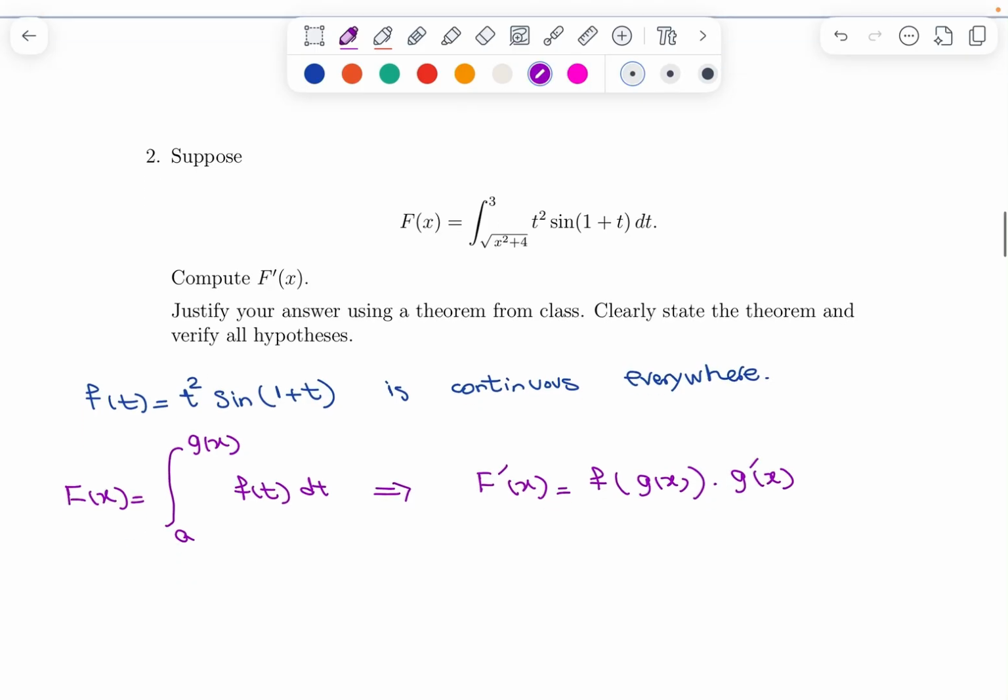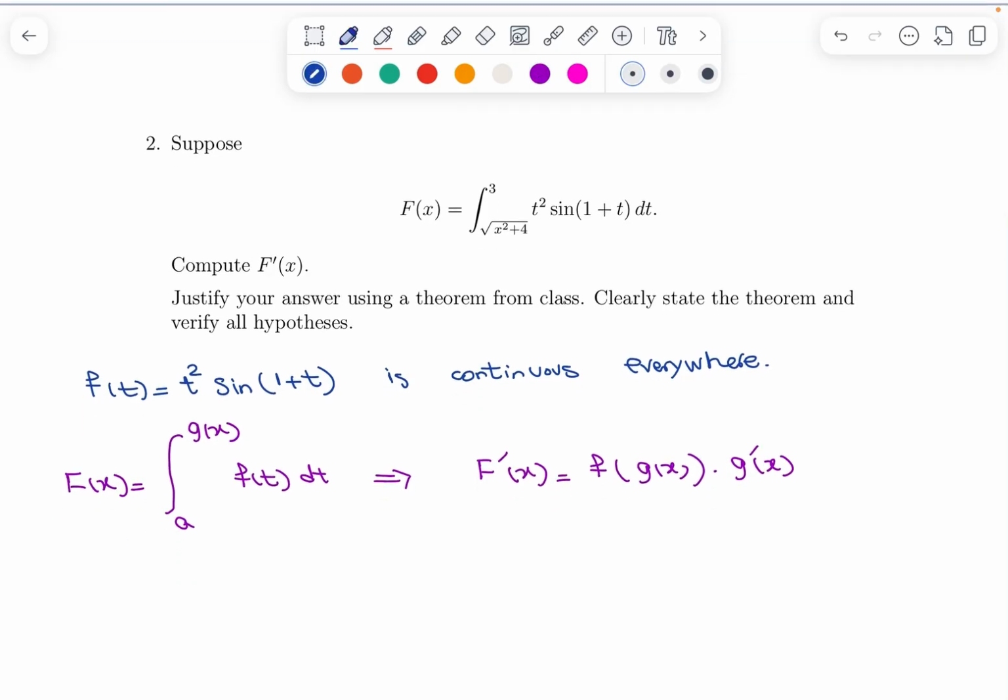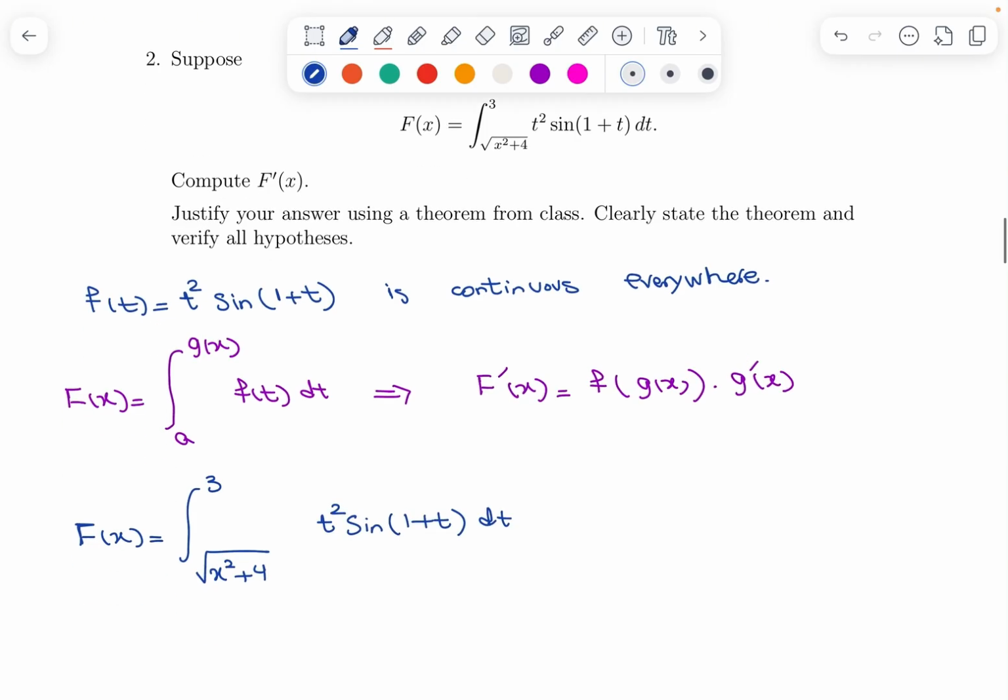So, therefore, when we are going to find the derivative of capital F in our problem, capital F of x is the integral from square root of x squared plus 4 to 3 of t squared sine of 1 plus t dt. So in this case, we must change the bounds because in the general form, the lower bound is a number and the upper bound can be a function.